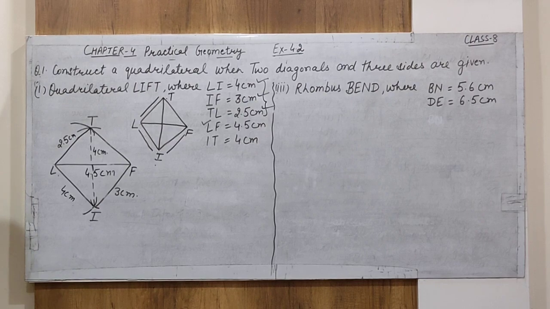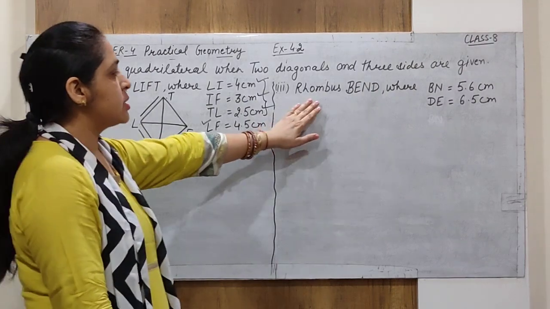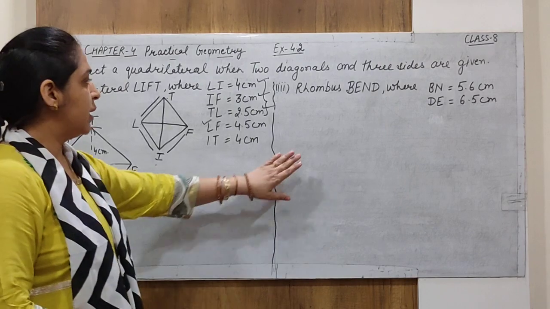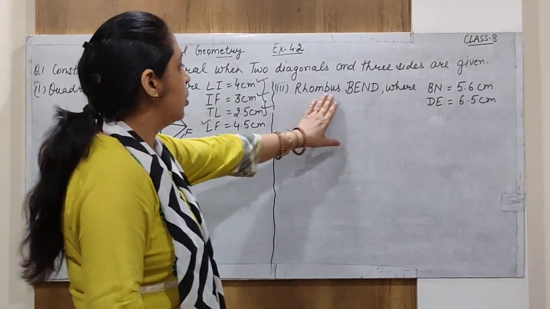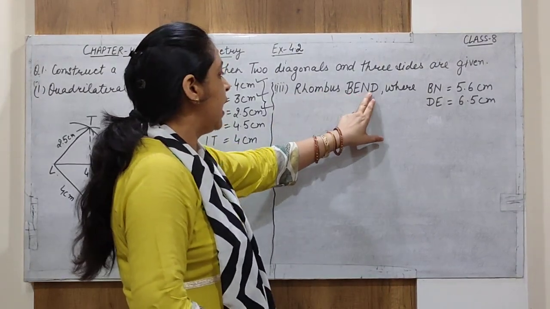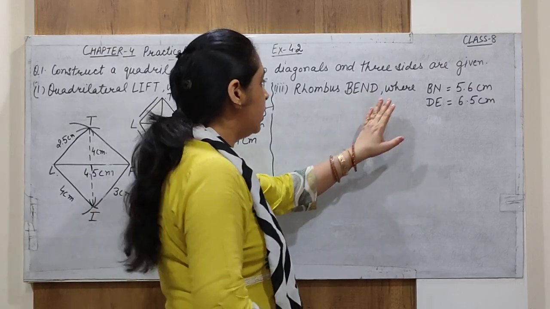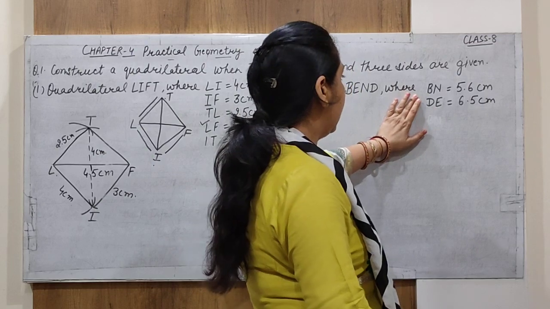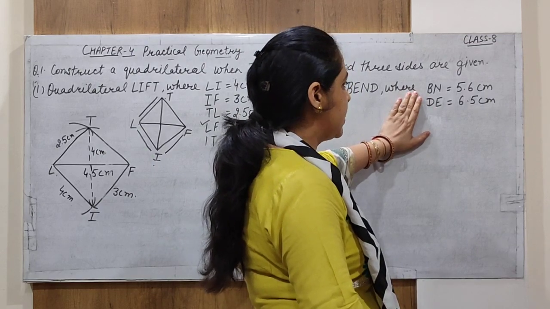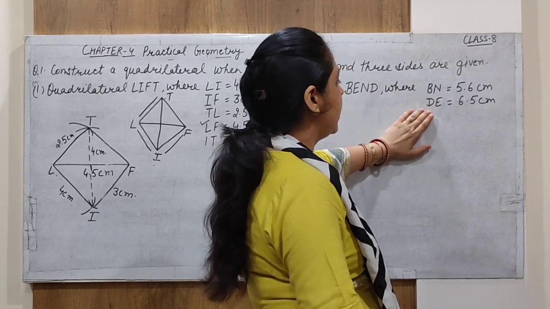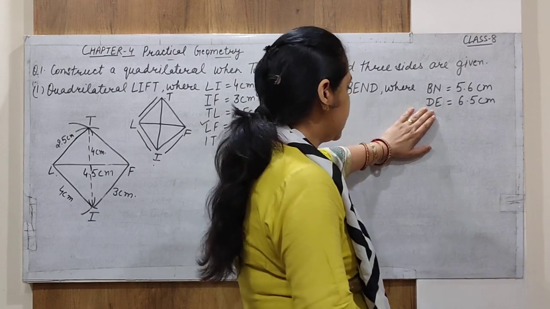Now, the next question, the third part, is a rhombus. Rhombus BEND. We have to draw a rhombus named BEND where BN is equal to 5.6 centimeter and DE is 6.5 centimeter.